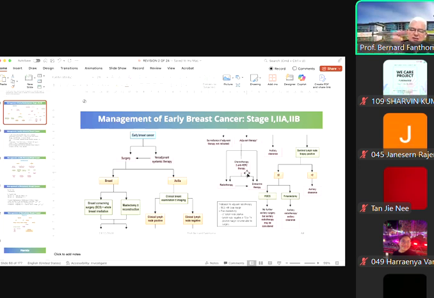And in case it is T2 or T3, the chemotherapy is added. If it is very early breast cancer, and the patient is elderly, then the patient may not require any therapy other than hormone therapy. So those are the separate categories. So you put all of them together: based on the final histopathology report, adjuvant therapy is decided, which may be chemotherapy plus minus anti-HER2 or Herceptin, plus minus hormone therapy.